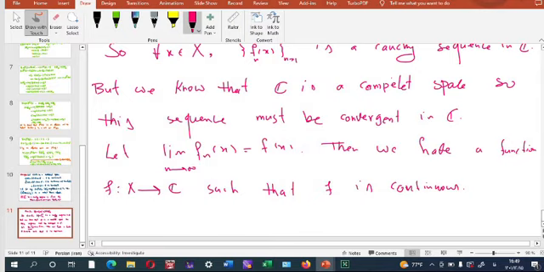It is very trivial, and you can see the continuity of this function in many books. Okay, it is very easy. And also f is a bounded function.